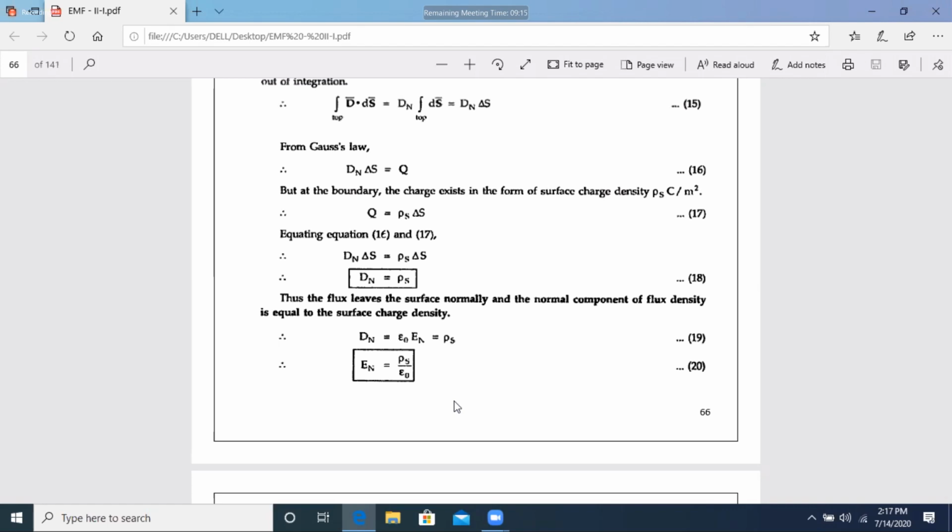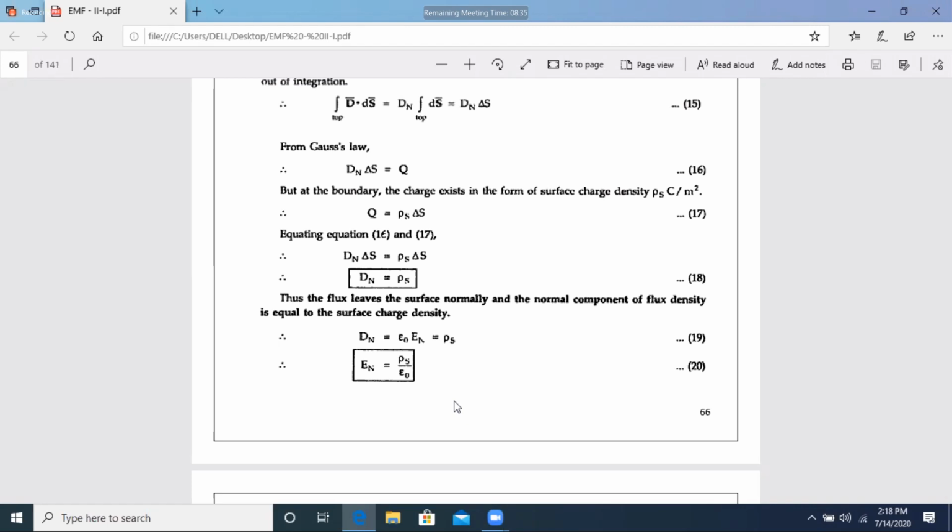D normal 1 is 36 epsilon naught AZ. D normal 2 is epsilon R2 times epsilon naught times E normal 2.